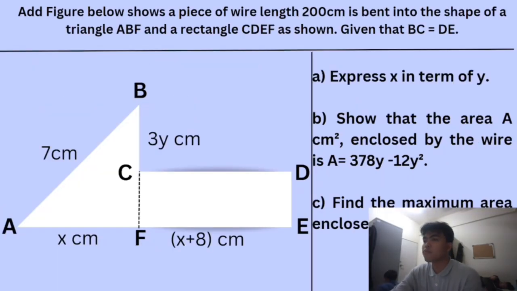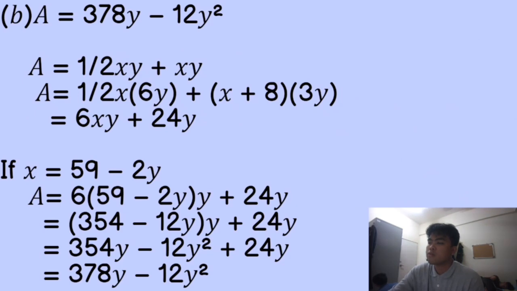For question B, the question asks us to prove that the area of the triangle and rectangle is equal to 378y minus 12y squared. So this is the solution. First, we need to identify the formulas for the triangle and the rectangle, which are one half times base times height for the triangle, and length times width for the rectangle.